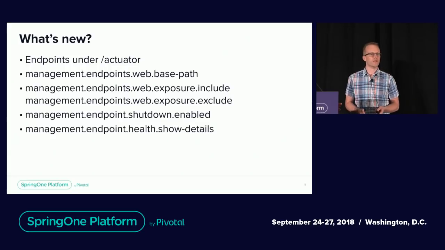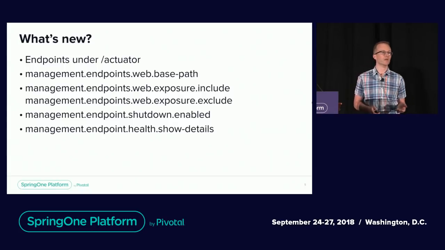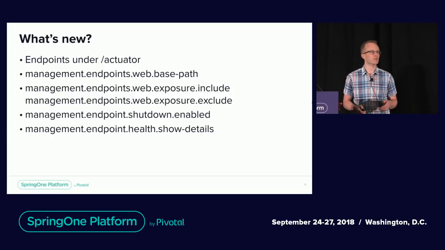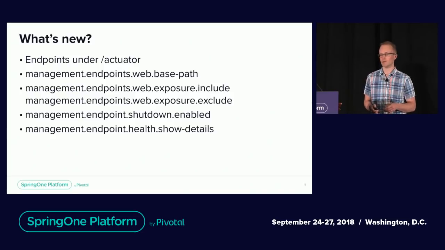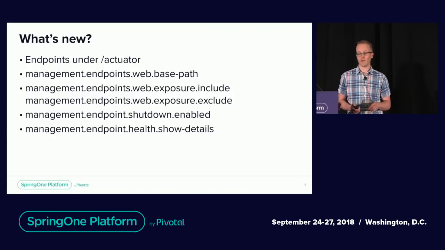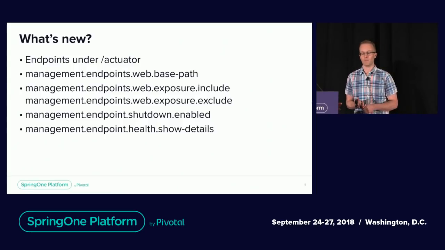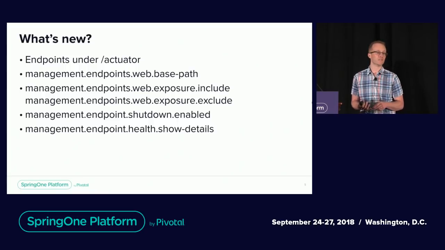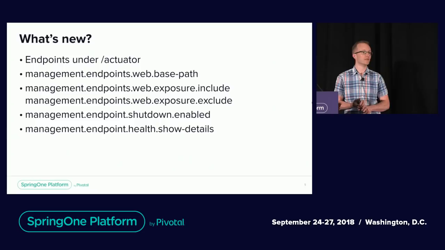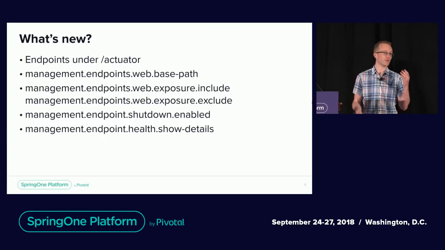We looked at show details for the health endpoint, so you have quite fine-grained control over who can and can't see the details of the health of your application. There are three possible values: always, which means anyone who has access to the endpoint will see all of the details of your application's health. You can set it to never, which means that no one will see any details and all they'll get is status up or down. Or you can set it to when authorized.